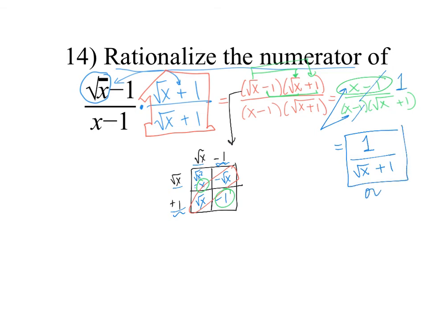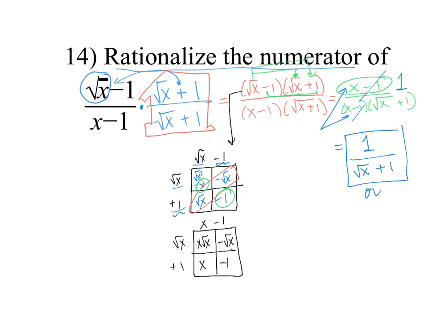Now, if you didn't notice that, which is totally fine, you probably would have multiplied the denominator out. And so that would be x minus 1 times square root of x plus 1, which would become, this will be x square root of x this time. This will be a negative square root of x, and that will be a positive x minus 1.